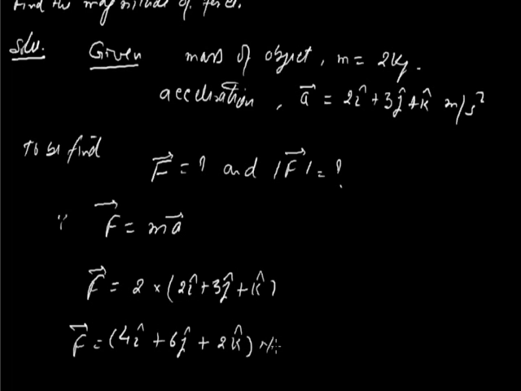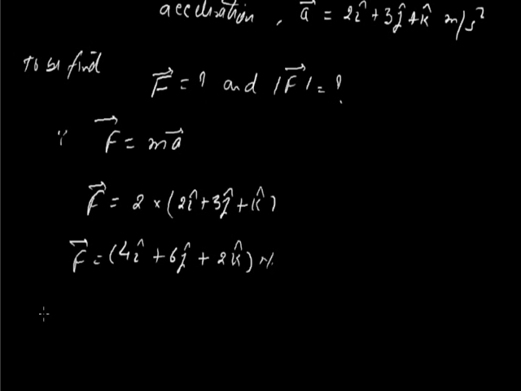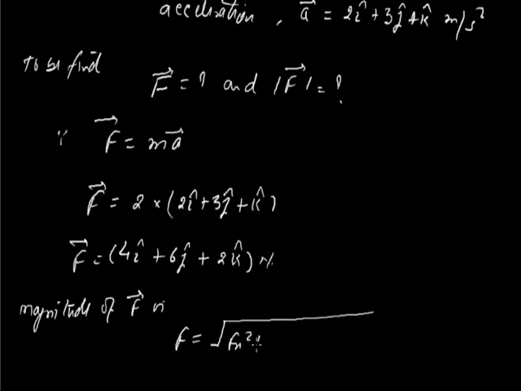To find the magnitude of vector F, it is the square root of Fx square plus Fy square plus Fz square.